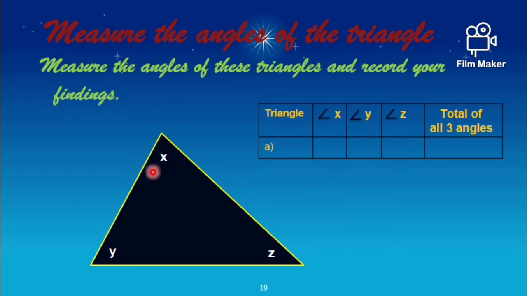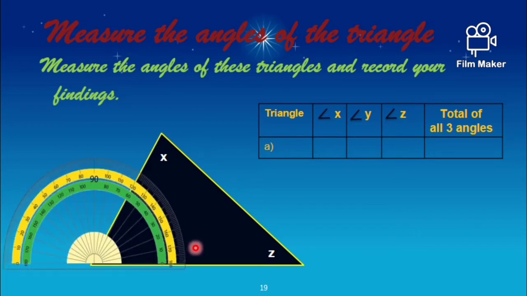We have to measure angles X, Y and Z with the help of a protractor, because we measure angles with a protractor. So first we will measure angle Y. This angle is 60 degrees. Start counting from 0: 10, 20, 30, 40, 50 and 60 degrees. This angle is 60 degrees.